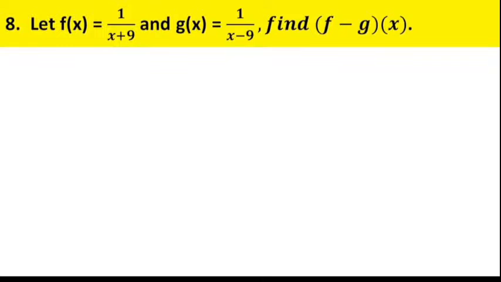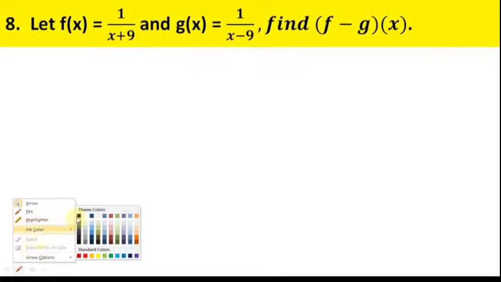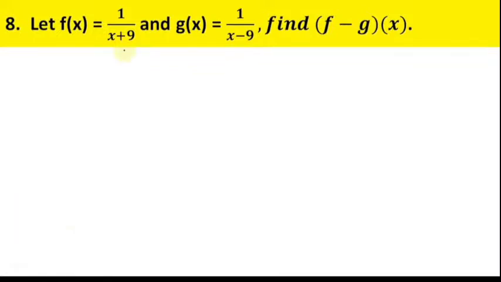So for number 8, we have let f of x equals 1 over x plus 9 and g of x equals 1 over x minus 9. So find the difference of the given function. So again, ang formula natin is f minus g times x equals f of x subtract g of x.